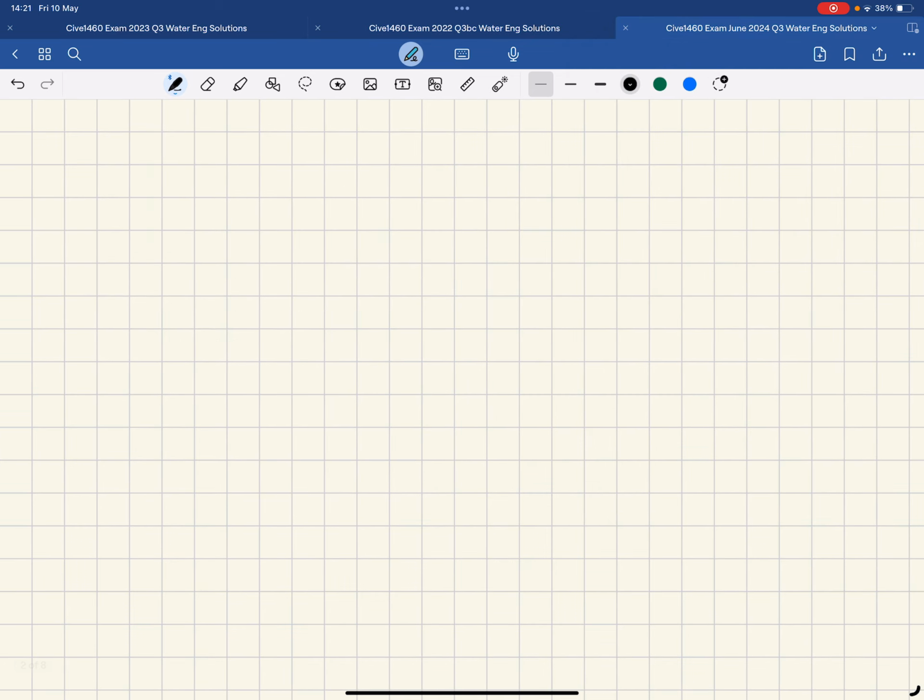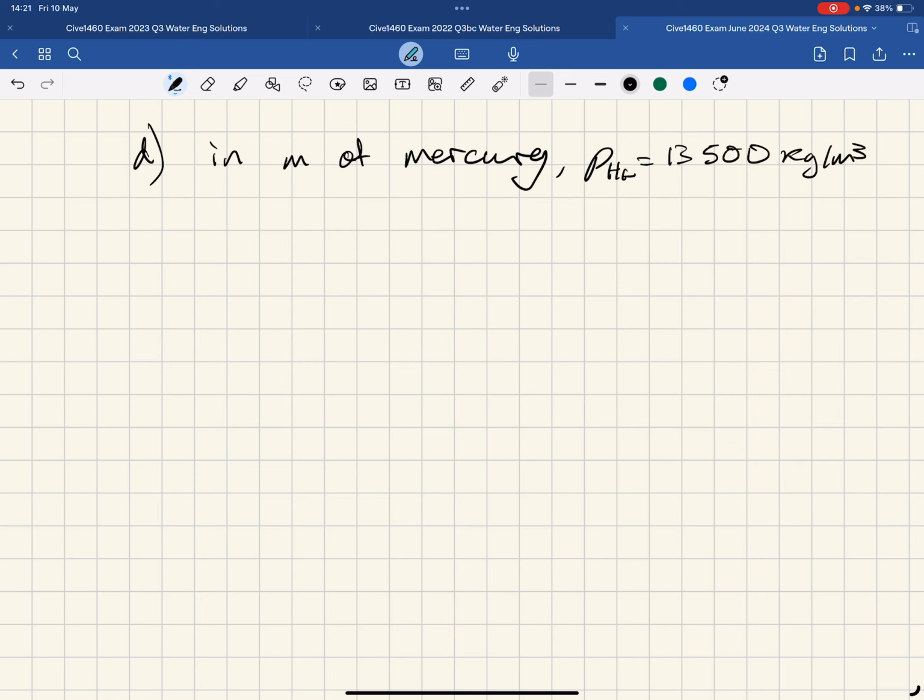And the last part of the question, D, in meters of fluid, well actually it's named as of mercury, with rho Hg equals 13,500 kilograms per meter cubed.